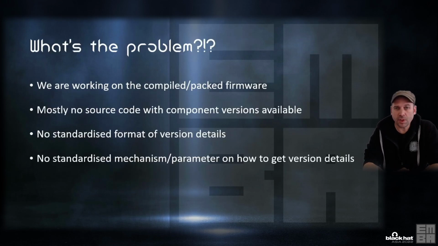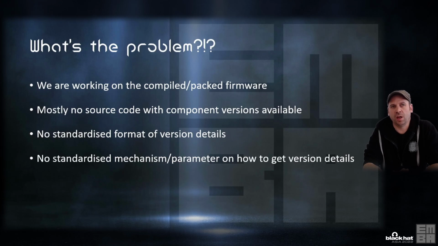So, what is the problem with the software bill of material? As mentioned before, we are working on a binary level, on a packed binary firmware. So we do not have a software repository with source code available. We cannot just query the software repository and know which versions are used within our firmware.